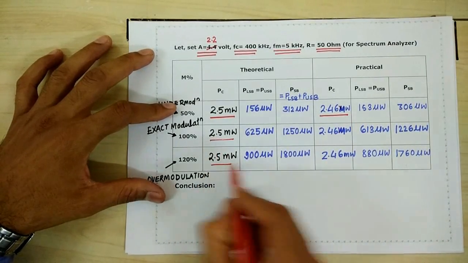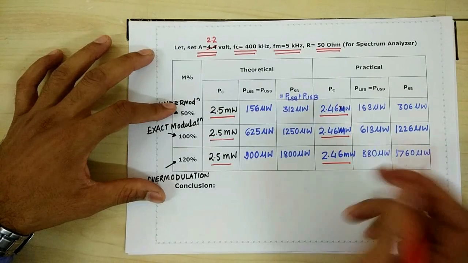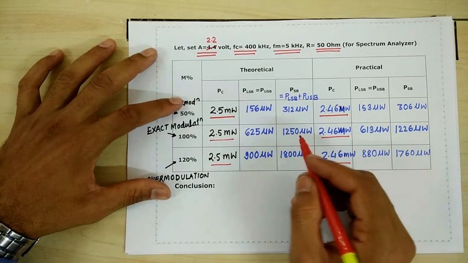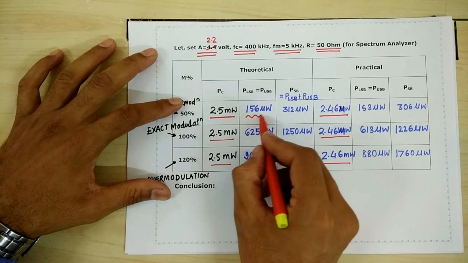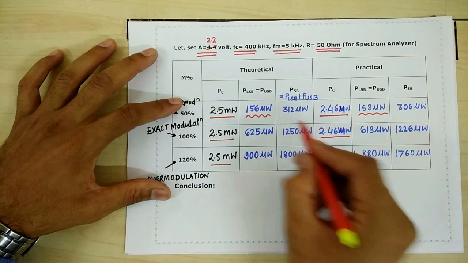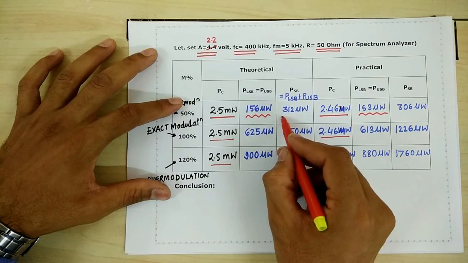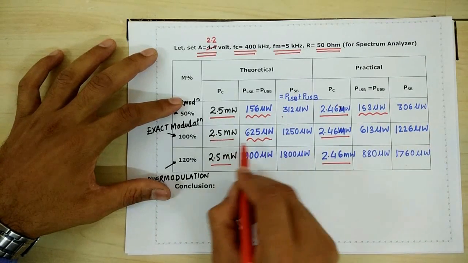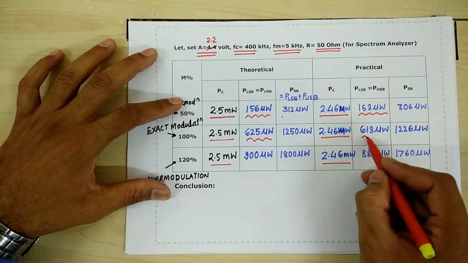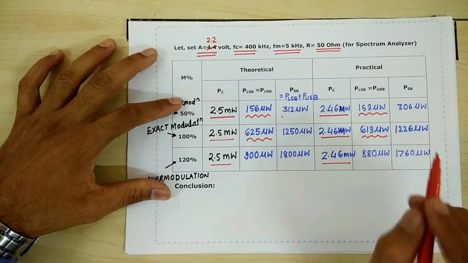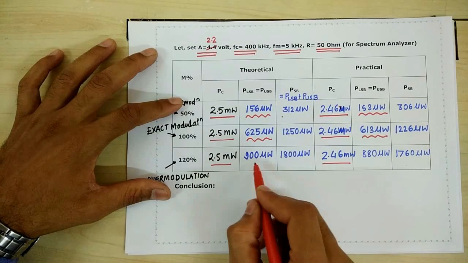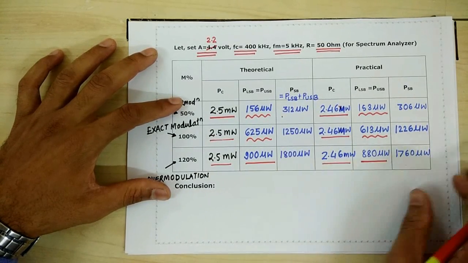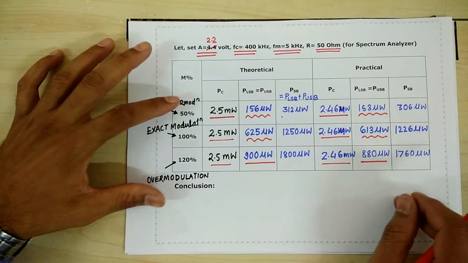So in all three cases the observed and theoretical values are approximately the same, and the lower sideband is also approximately the same. These are the lower sideband and upper sideband powers. This is 625 in the second case, and we are getting 613 microwatt practically. In the third case this is 900, and we are getting nearly 880 microwatt.